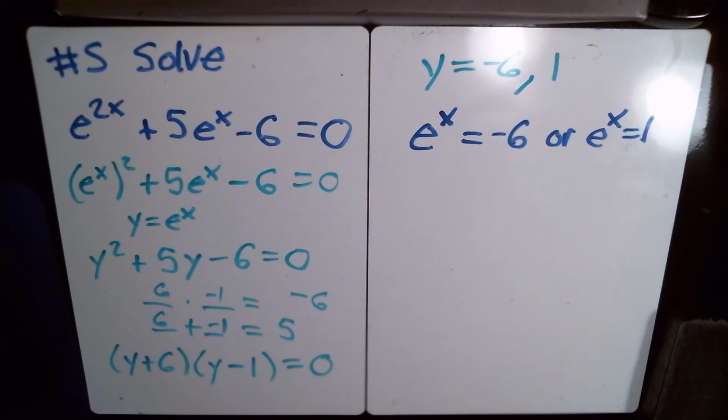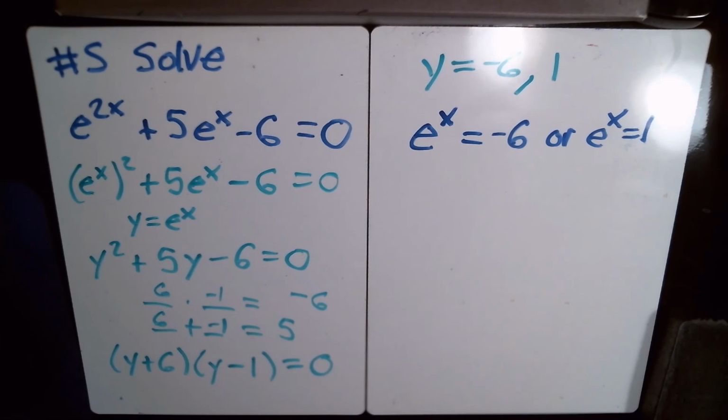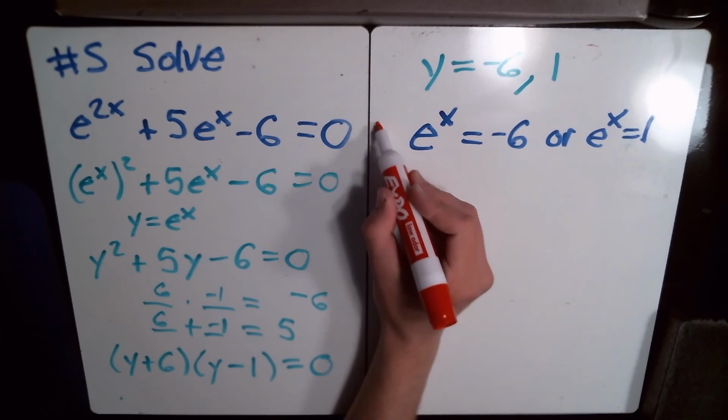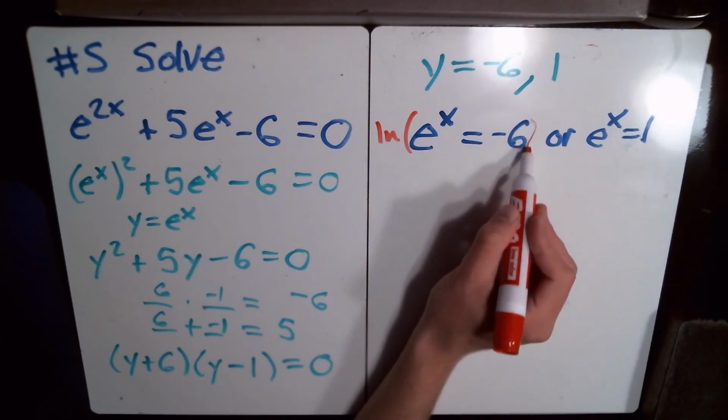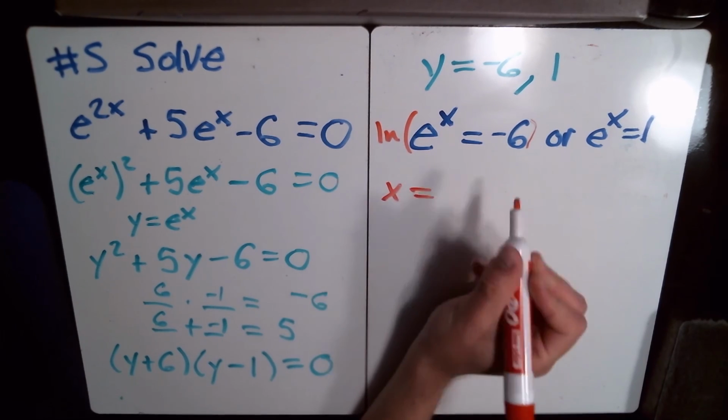Now, to solve for x in these, what I would need to do is take a logarithm to get the x out of the exponent. So I would take the ln of both sides of those equations. When I take an ln of an e to the x, those cancel and I'm just left with x, the exponent.